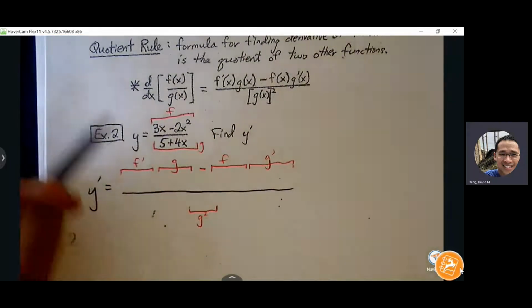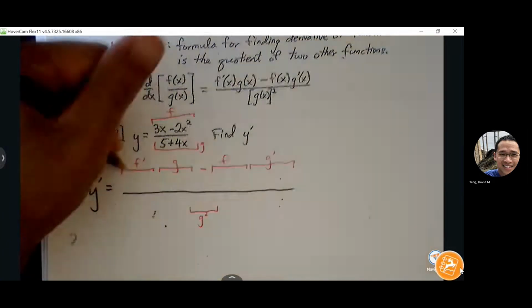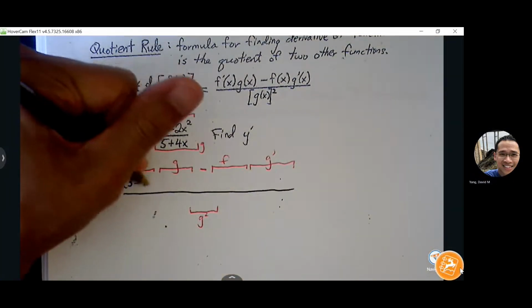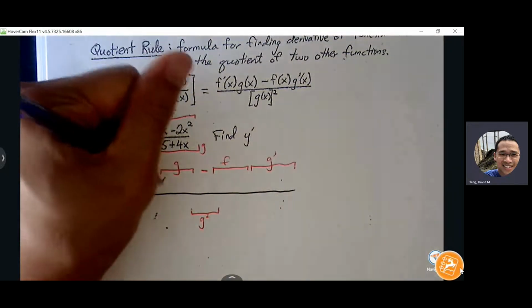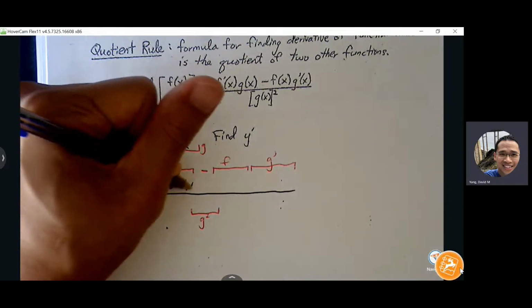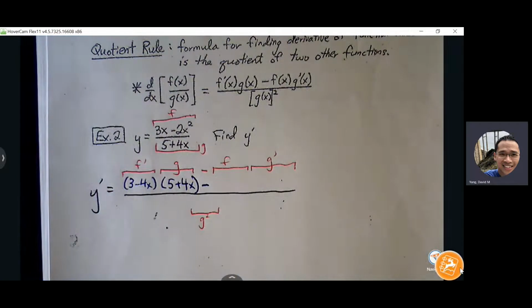Okay, so let's just step through this piece by piece here. F prime is 3 minus 4x. All right, we're gathering a lot of information the same way that we did with product rule, right? Okay, g function: 5 plus 4x. Good. The difference here is that there's a minus sign. Instead of plus, it's minus.